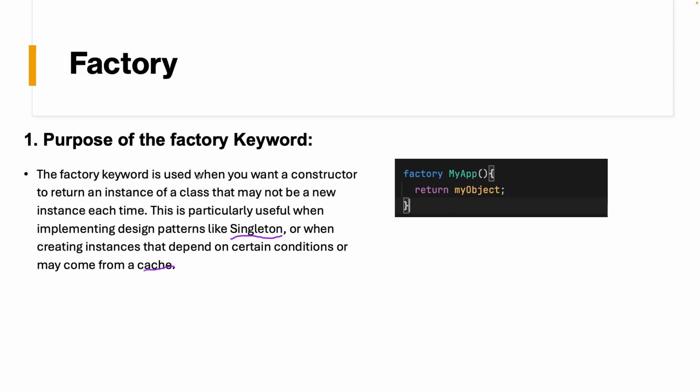This is particularly useful when you're implementing a design pattern like the singleton I've talked about, and when you're creating an instance that depends on a certain condition or may come from a cache. So you're returning the existing one. Basically, factory is known to return existing ones.